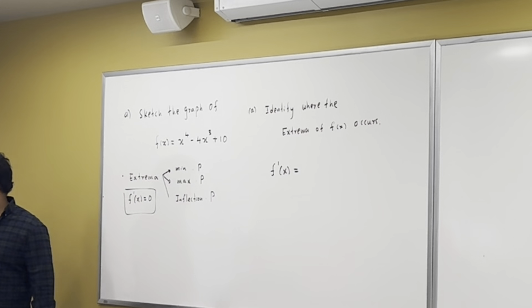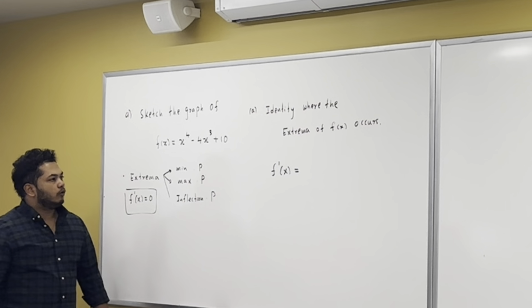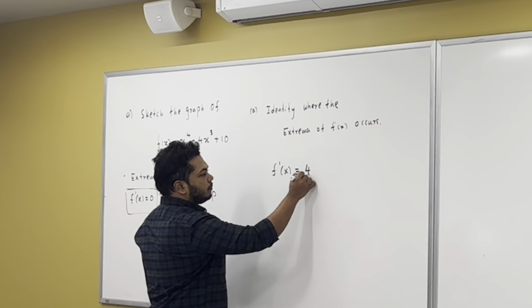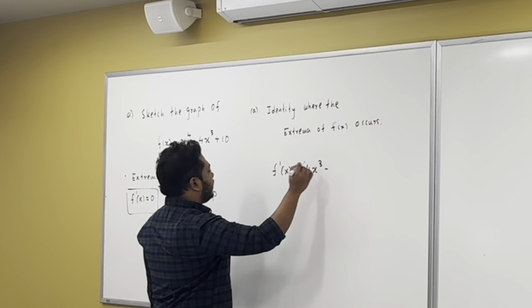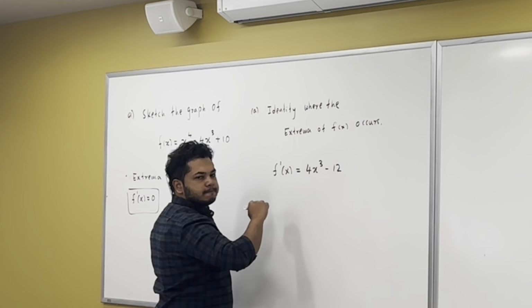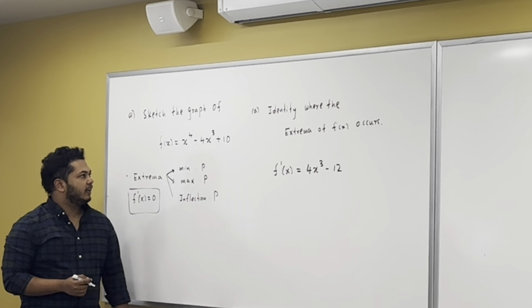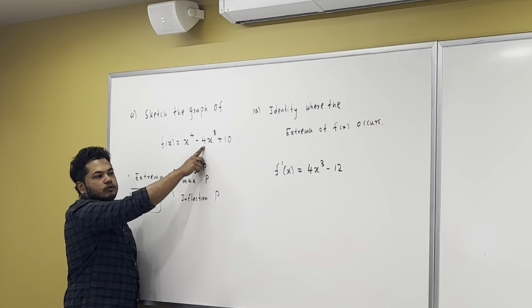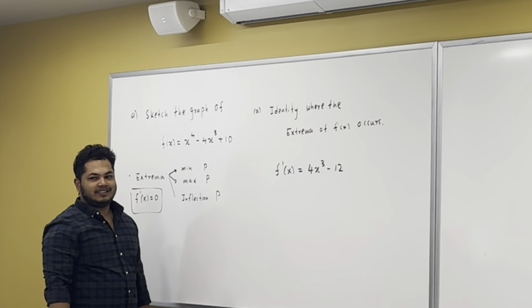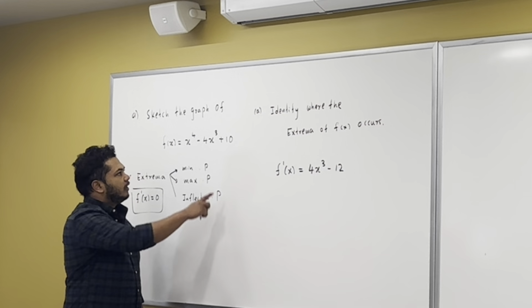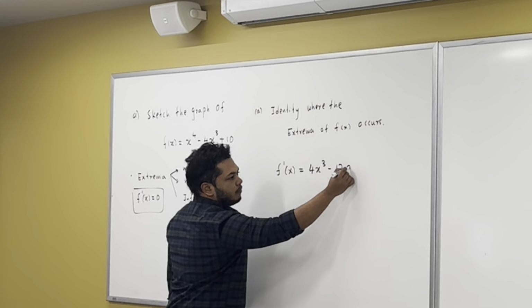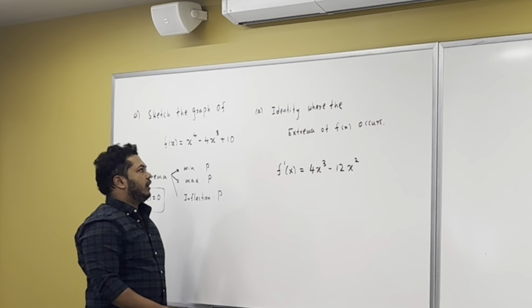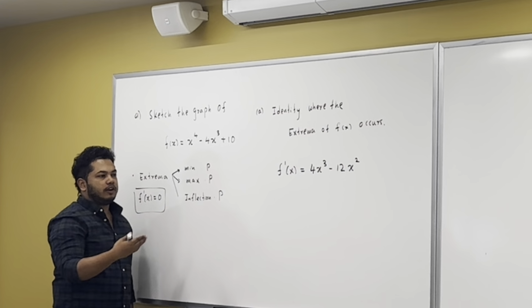Okay, so take the derivative first, and you get 4x cubed minus 12x squared. And there are no other terms, because the derivative of 10 is 0.